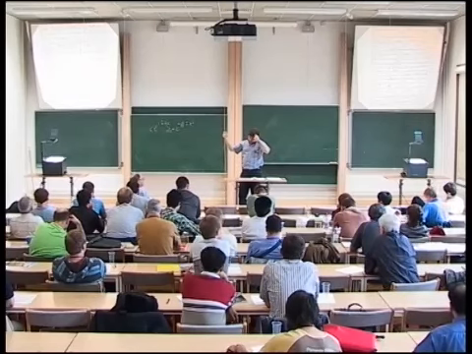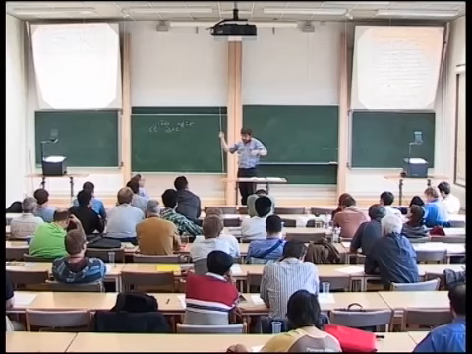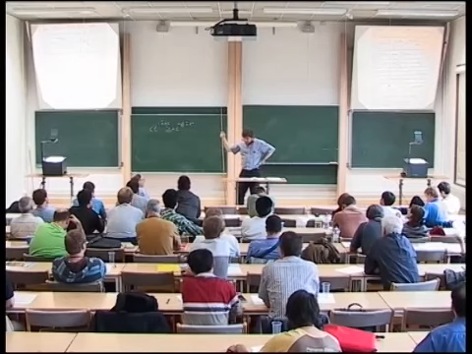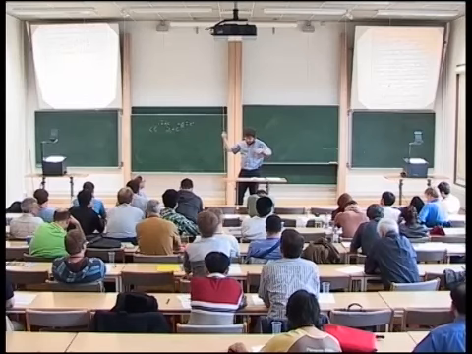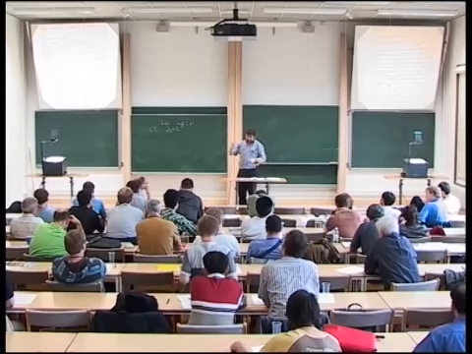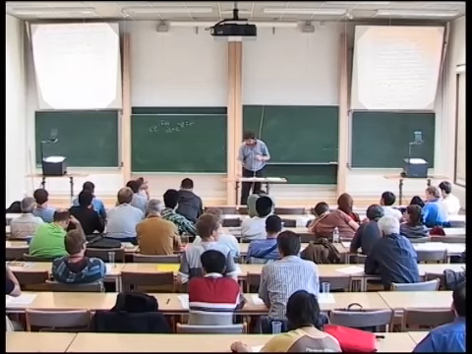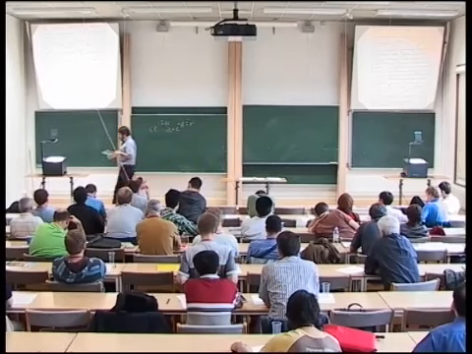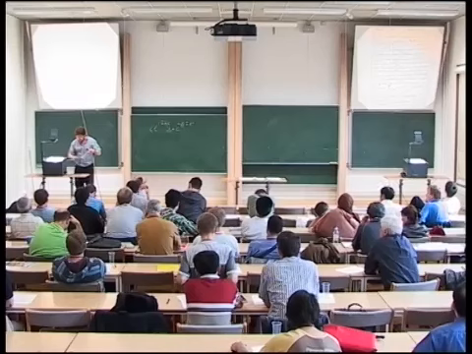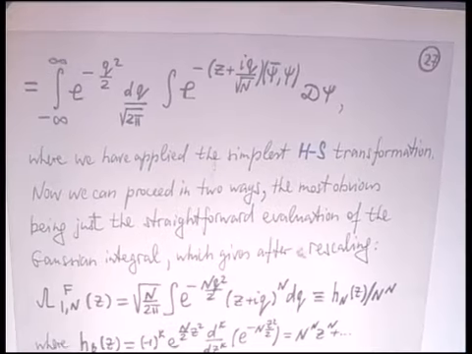We use either the Hubbard-Stratonovich transformation, or we used a trick which exploited some invariance of the integrand. So I here will start with the Hubbard-Stratonovich transformation, and just in the same way as before, we write.